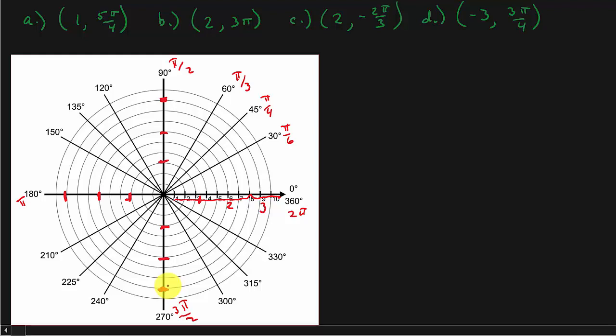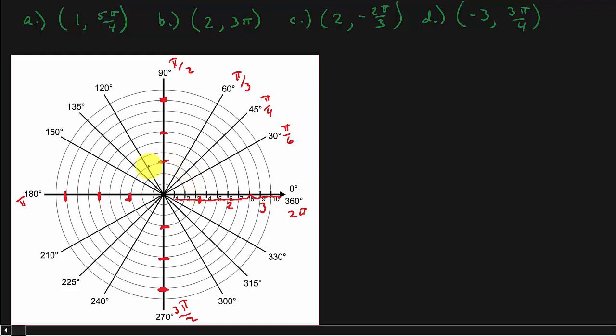All right, so let's plot the point (1, 5 pi over 4). What that means is we go over 1 unit, and then we rotate in a counterclockwise direction 5 pi over 4.